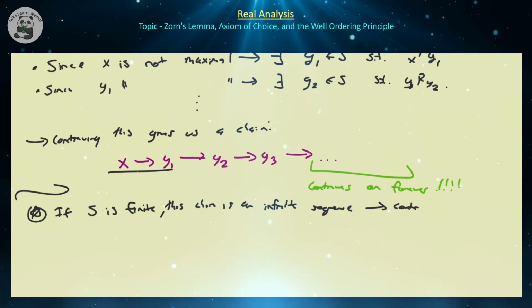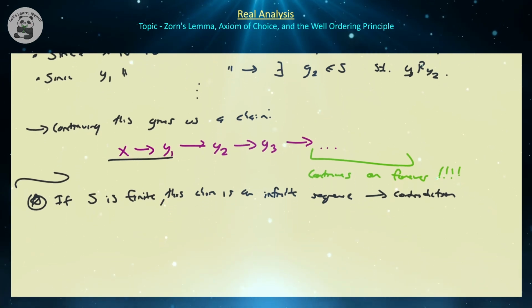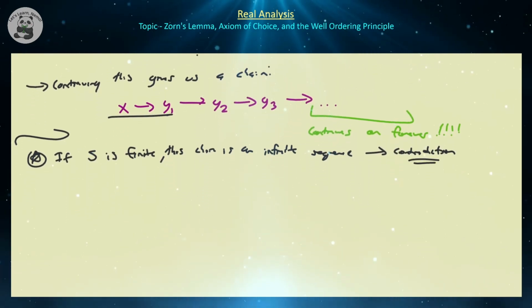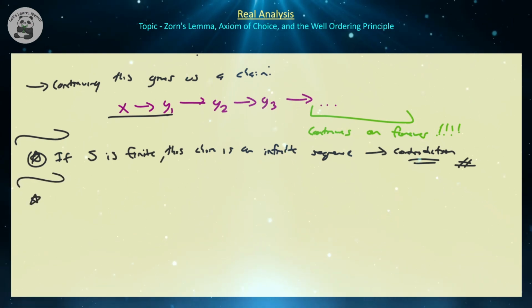And that would lead us to a contradiction, because if it's a finite set, this cannot continue on forever. Fair? So there would be our contradiction, and then we would be done with the proof if that was the particular case. So now let's consider the case where S is infinite.